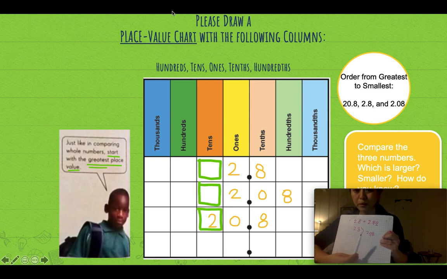Whenever we put a 0 right before the number that comes after the decimal point. Now let's look at this. 2.8, and then instead of doing 2.8, I put the 0 right here.